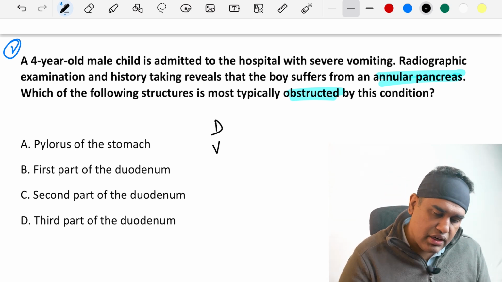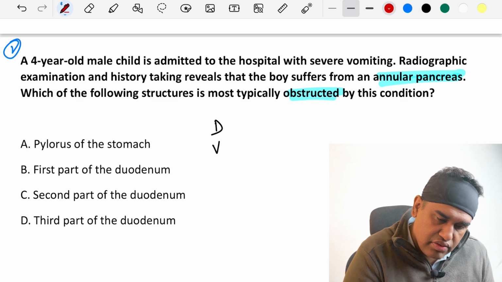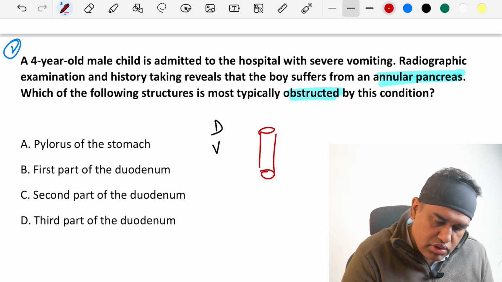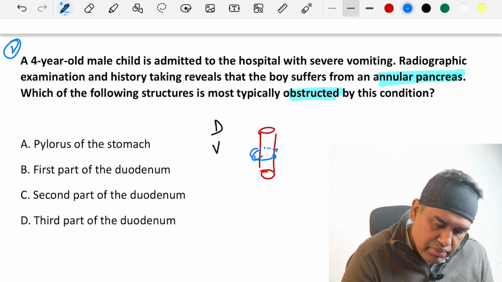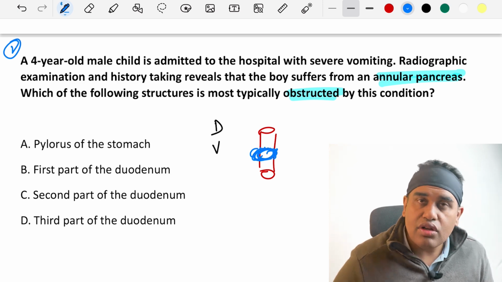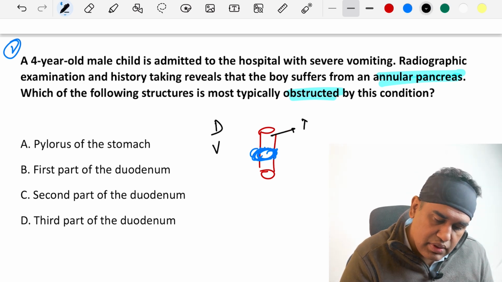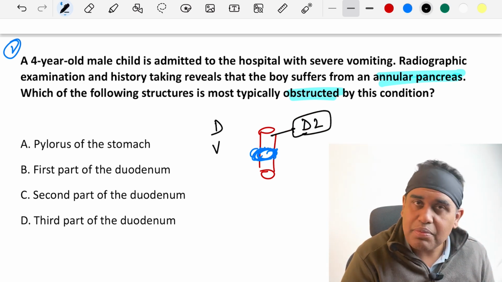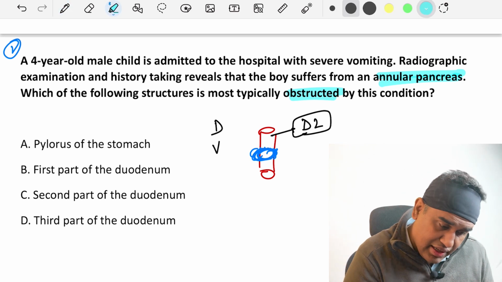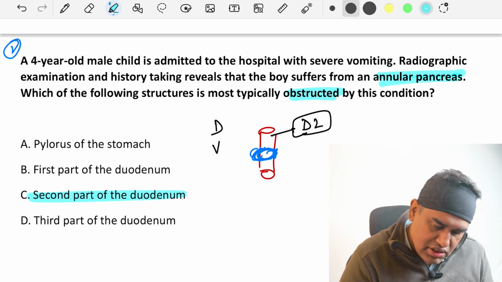What happens is, the ventral bud, instead of going only on the posterior aspect, also goes in front of the duodenum. These two parts of the ventral bud try to fuse, and then they obstruct this part of the duodenum, the second part. Therefore, the answer has to be the second part of the duodenum, option C.